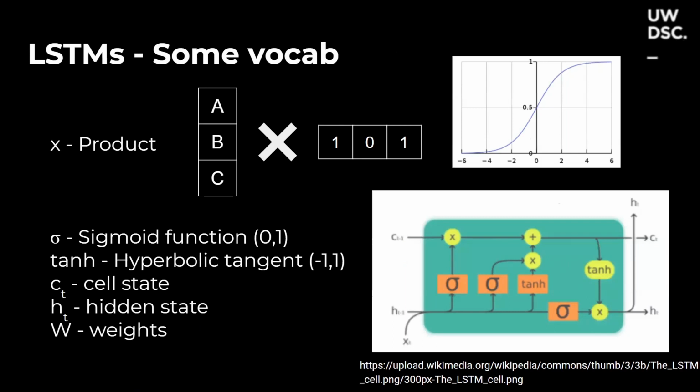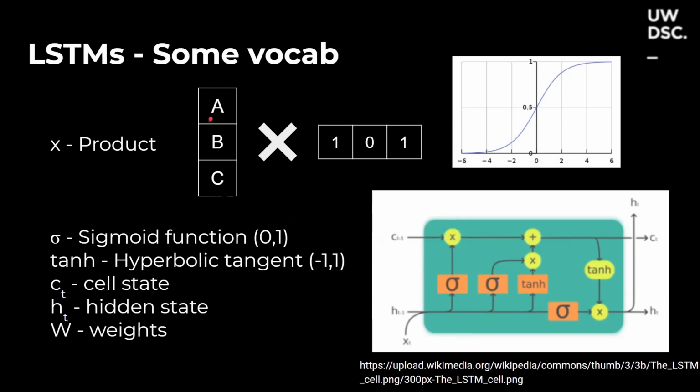Okay, so let's start. Before we dive into the LSTM cell, let's look at some vocabulary that is used in LSTMs. When you look at the cell, you notice a cross means product. In machine learning, or really math, when you multiply one factor with another, it means how much you want to keep that information.